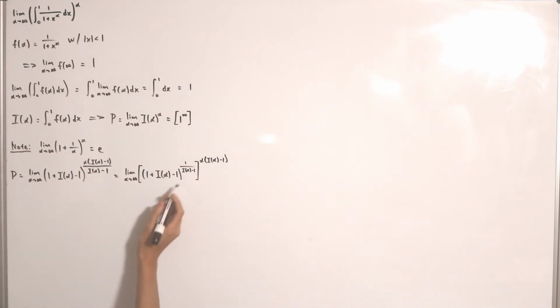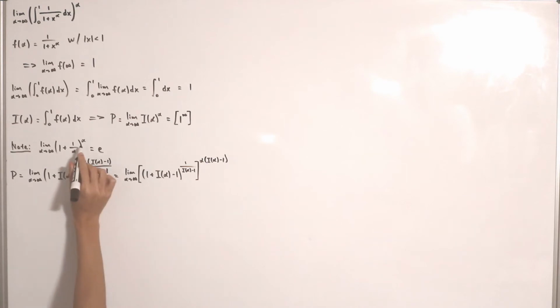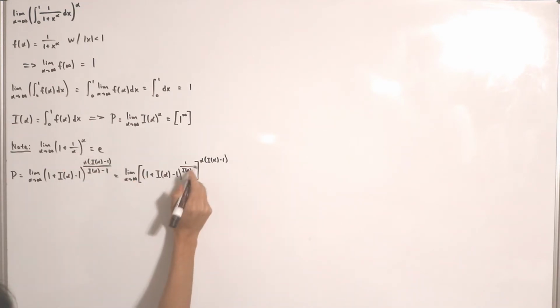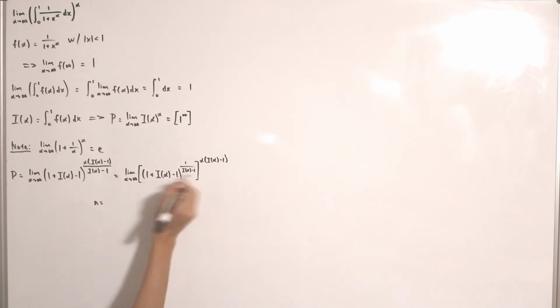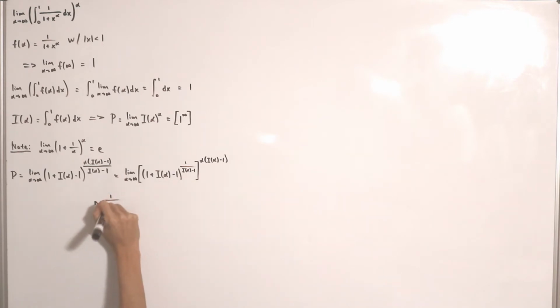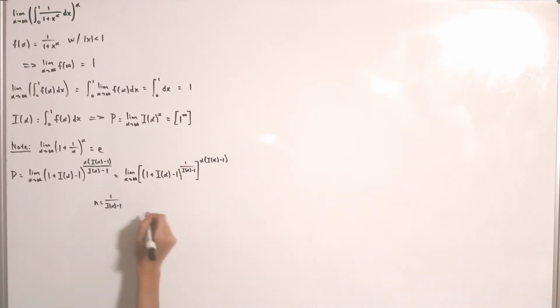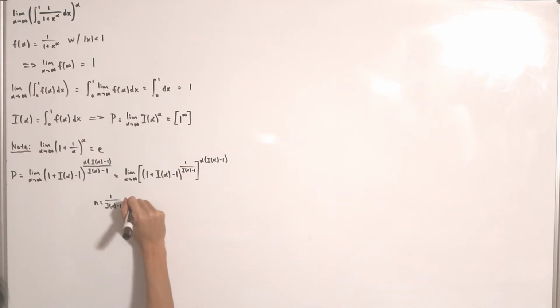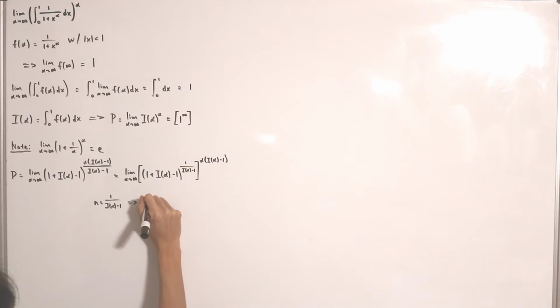So if we want to see that this is equal to e, we can say n is equal to our exponent. Okay, now I can multiply I of alpha minus 1 to both the numerator and denominator. So that means we have n I of alpha.